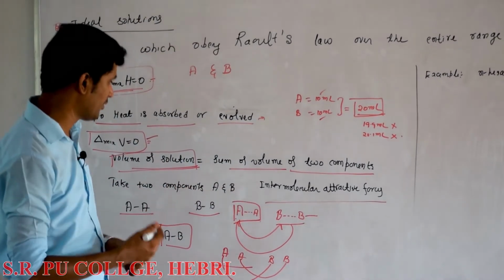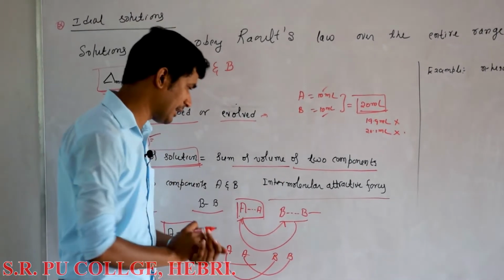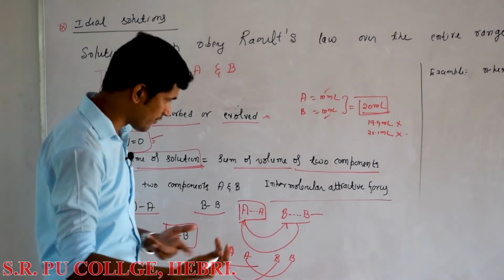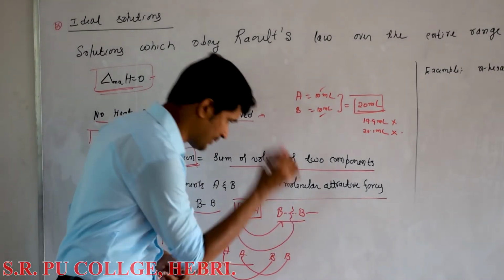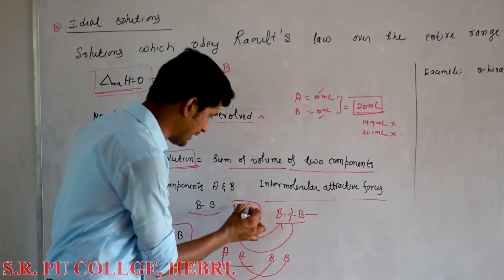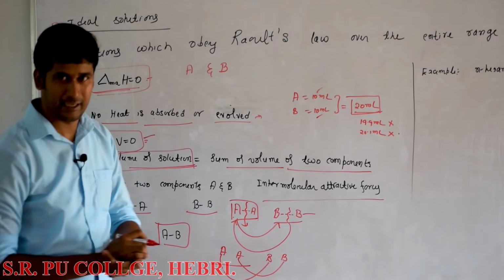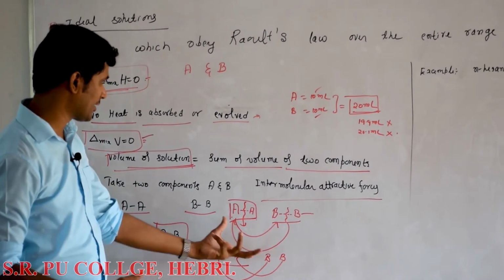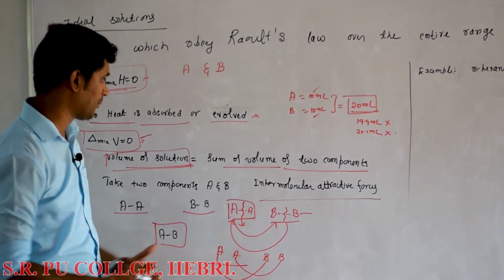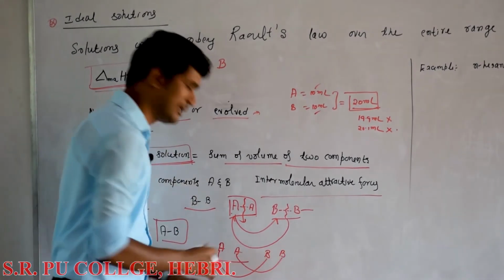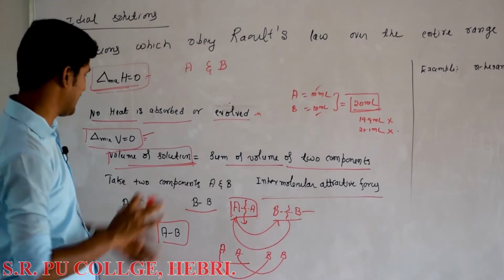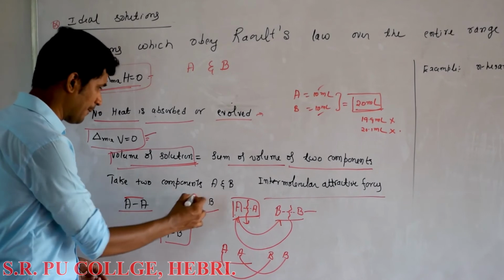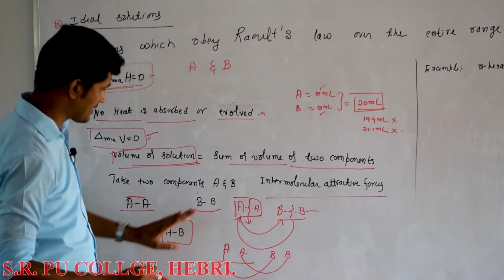When you mix these two, they start interacting with one another. Molecules of A break the interactions between B, molecules of B break the interactions between A. Now a new intermolecular attractive force is developed, that is AB. For all ideal solutions, AA, BB, AB interactions are the same.